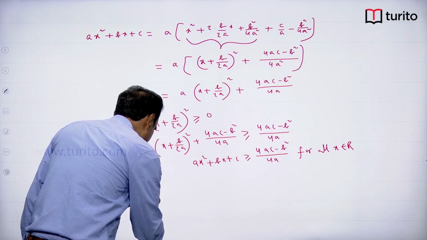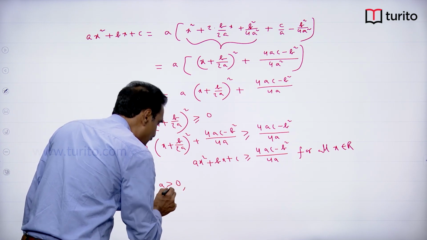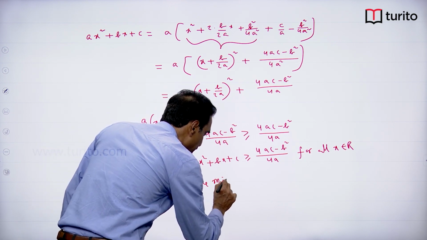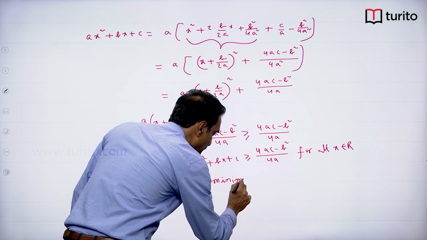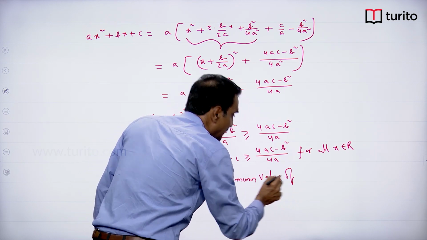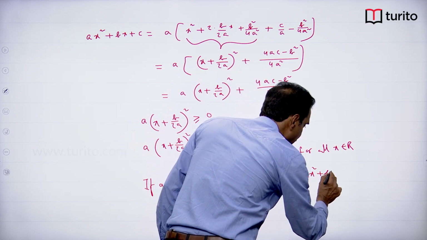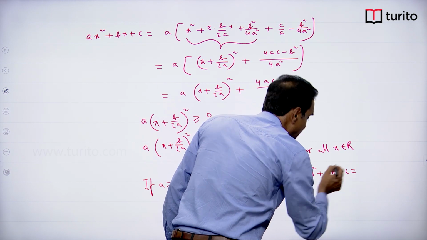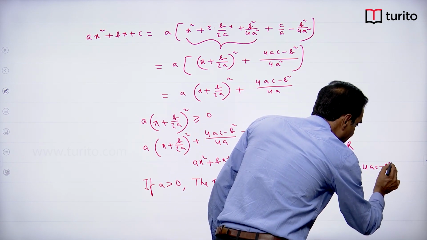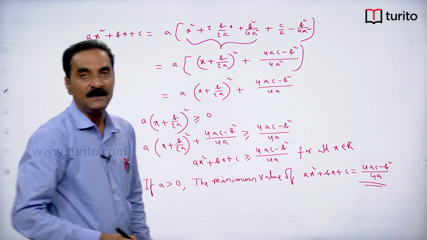So, finally, the conclusion is if a is greater than 0, the minimum value of ax square plus bx plus c is 4ac minus b square by 4a. All of you should remember this formula.